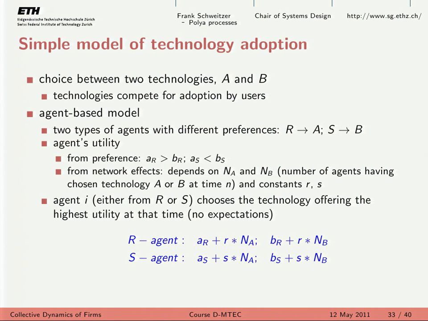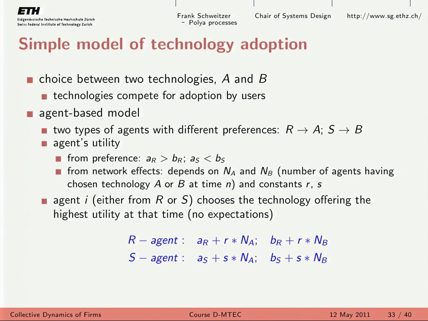Now we have an additional feedback. The agent has not just his own preference. His choice also depends on how many other agents in his environment have chosen the Apple product or the Samsung product.